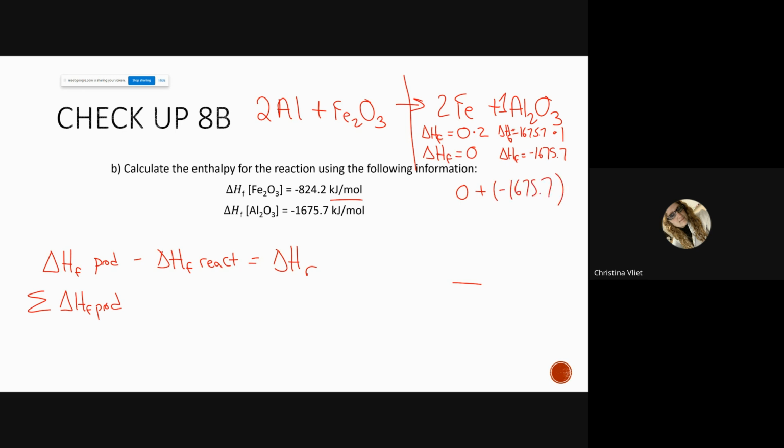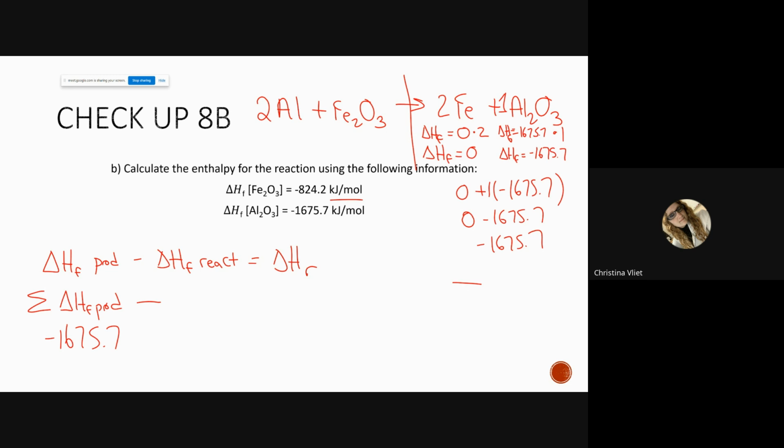I know it sounds silly, but this is the procedure you have to follow. In this case, it's just negative 1675.7. Are we okay with that? 0 minus 1675.7. So our delta HF of our products is negative 1675.7. Yes?